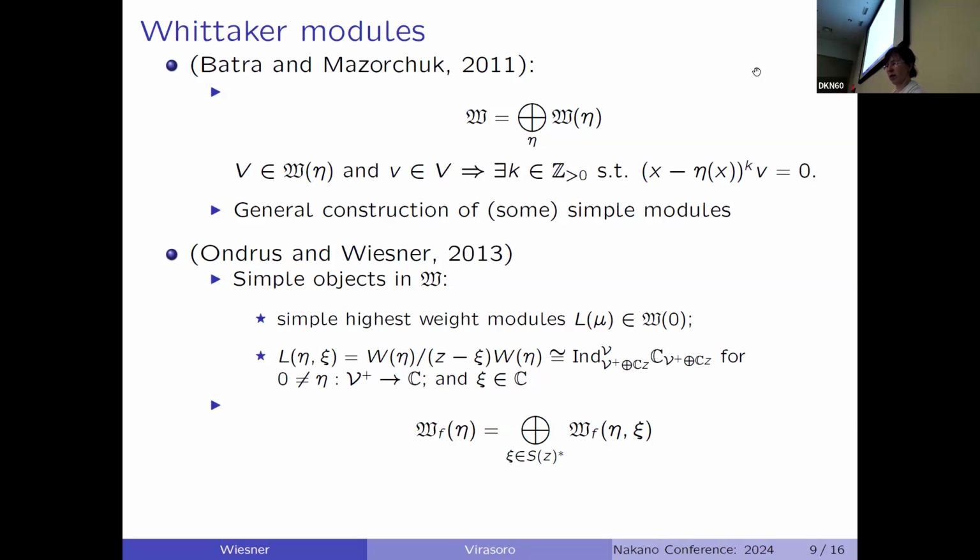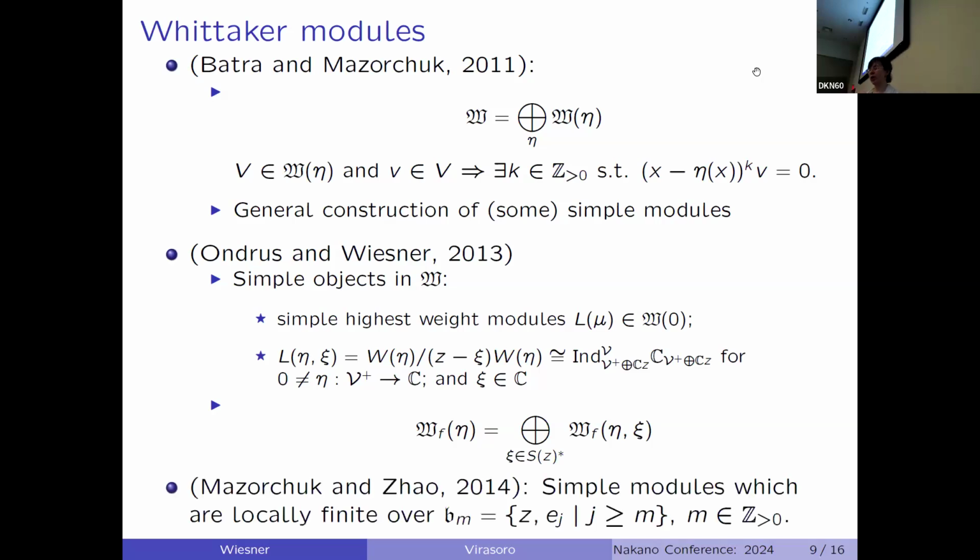All right. And then, all of this construction for the Virasoro algebra in the positive part you can also do for subalgebras of the positive part. Various people produce simple modules in that setting, and Mazurchuk and Zhao gave a unified theory of all of this, where they could look at any one of these positive parts.